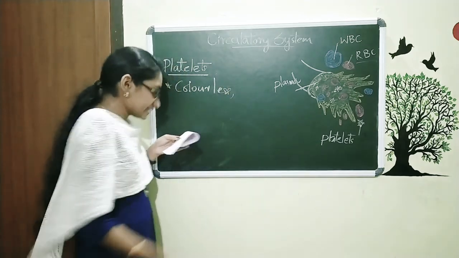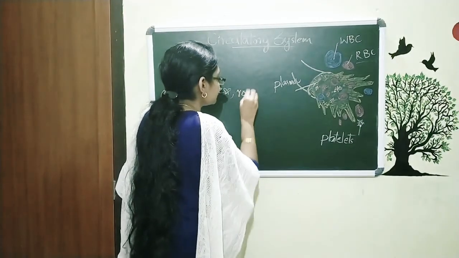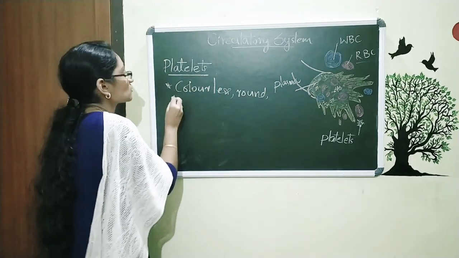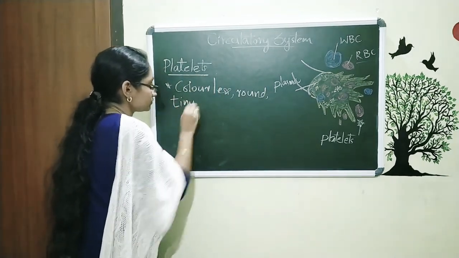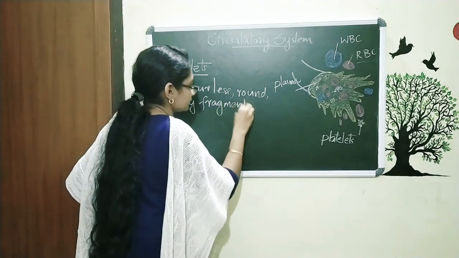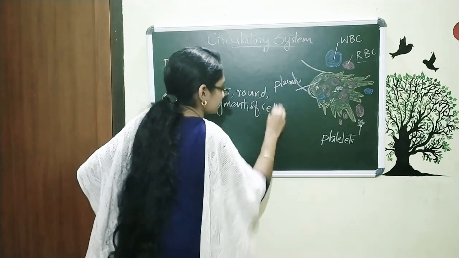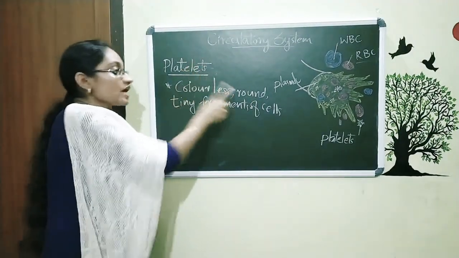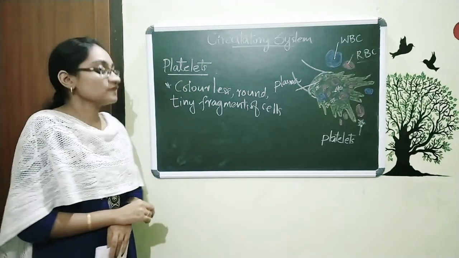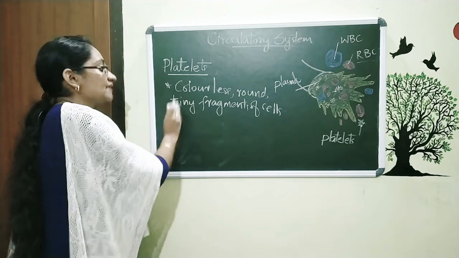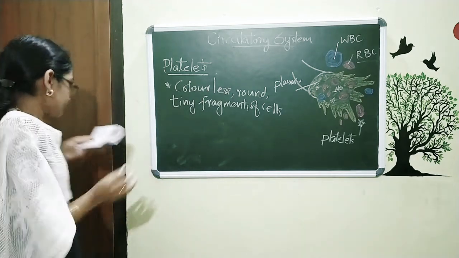They are colorless, round, tiny fragments of cells. Tiny fragments means small pieces of cells.